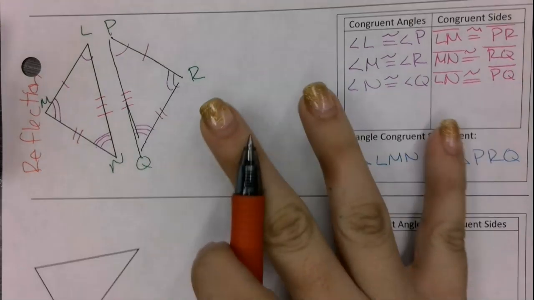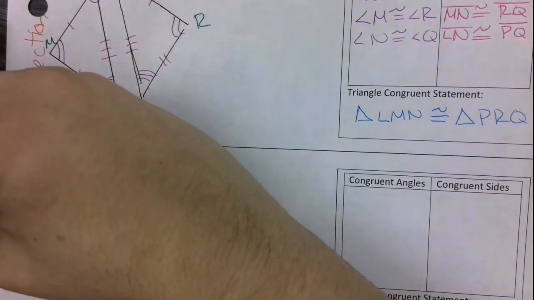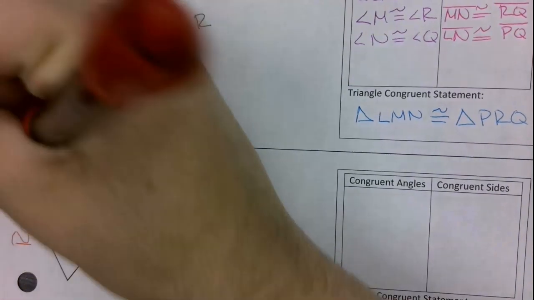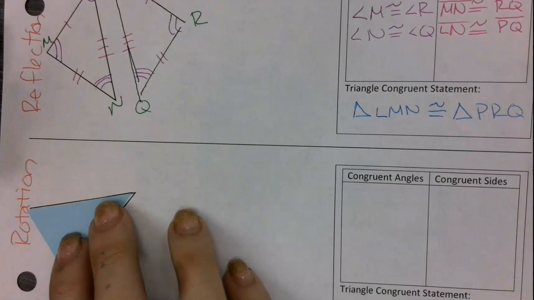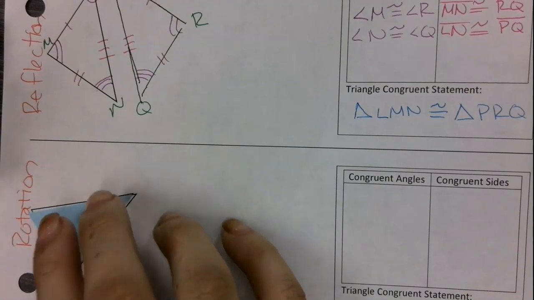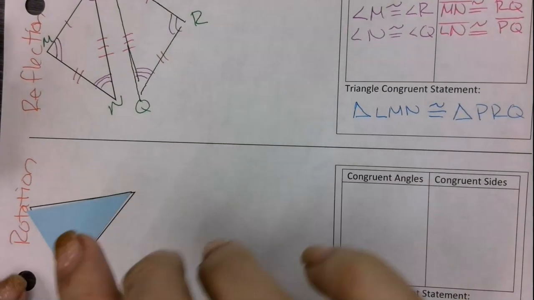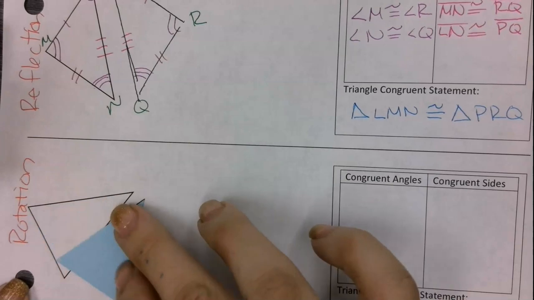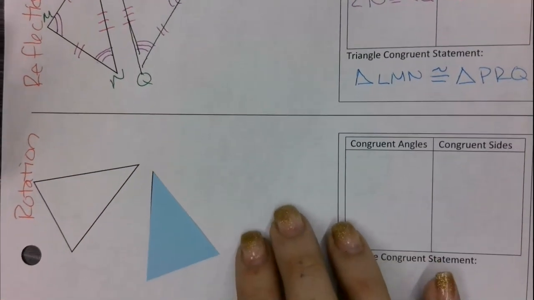Okay, then the last one I want to do is going to be a rotation. So I want to start up with my triangle lined up. And then I'm going to spin around a point, like that.